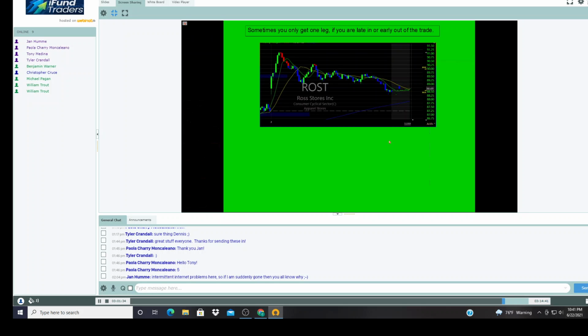Sometimes you only get one leg. So I'm trying to show you different scenarios. Okay, so sometimes you only get one leg. Like here, you miss this play at the open and you see this ribby. Your entry is here, you put your stop and let it go. You got one leg, right? You want to be consistent and you want to be profitable. This helps you to be consistent. When you see a ribby, you catch this one leg up.